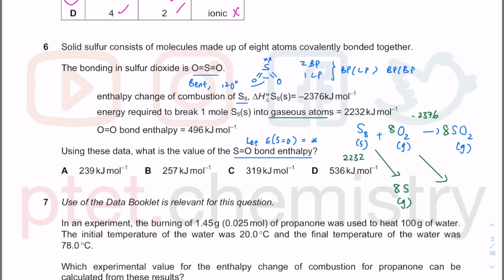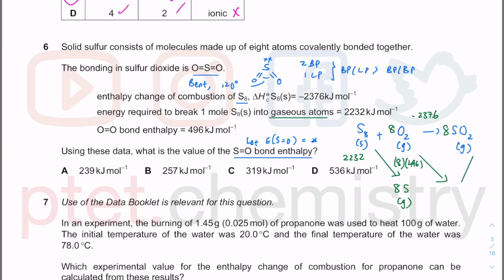The atomization of oxygen is very similar, though not equal, to this bond enthalpy, but here we are breaking 8 moles of gaseous oxygen molecules. It's the same as breaking 8 moles of the bond enthalpy of oxygen. So that is 496 multiplied by 8 because I'm breaking 8 moles of that oxygen molecule.